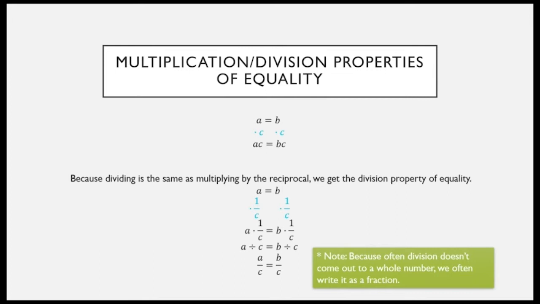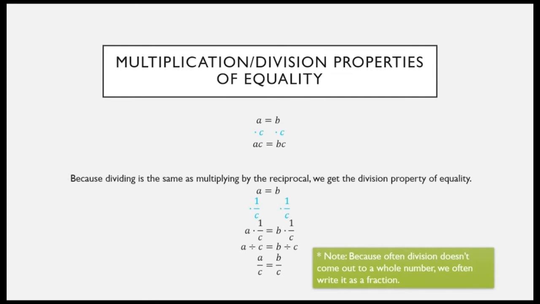Because we're going to be dividing both sides by something, we often write our answer as a fraction, because it doesn't always come out nicely. So when we show our work, we write it as a fraction rather than using the division symbol.